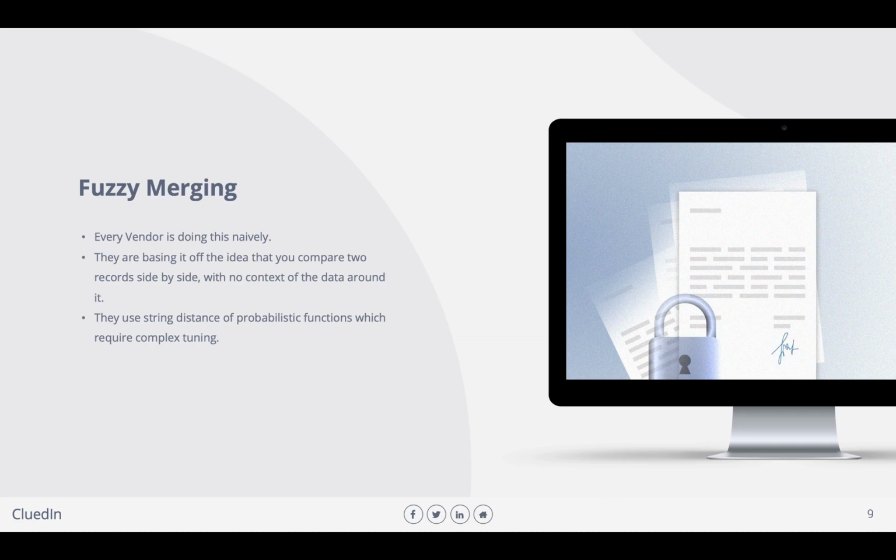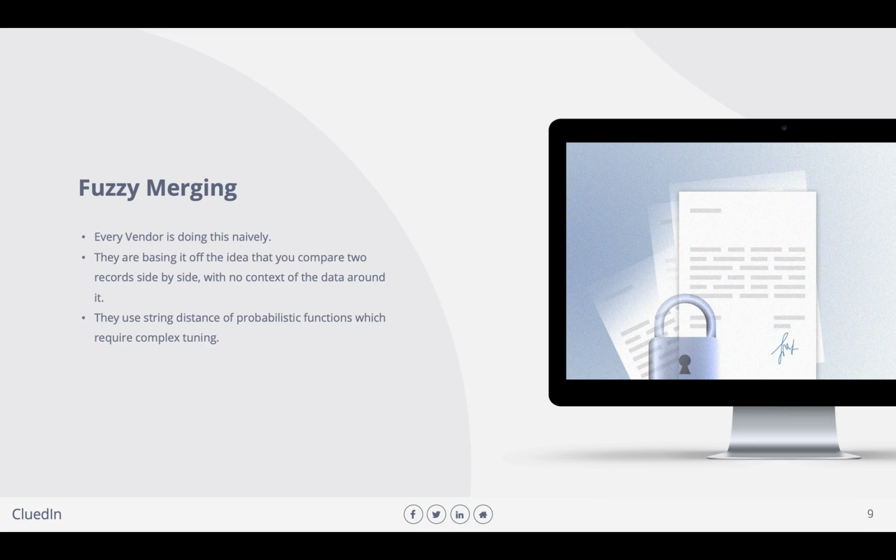When we're talking about fuzzy merging, there of course is some type of risk factor that comes in. We need systems to be able to give us confidence that we can actually merge records or find the links between records in different systems in a statistically confident manner. One of the things that you'll find about the common day mechanisms that we have today is that most of the leading vendors are taking quite a naive approach to being able to fuzzily merge records across systems.